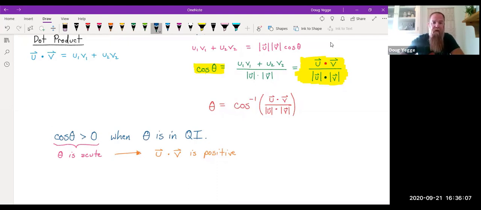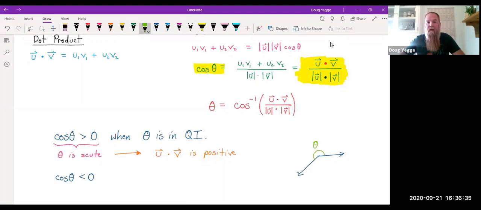We can also take a look at when cosine of theta is less than 0. Now, when we're talking about angles between vectors, they always have to be somewhere between 0 and 180. Because if I have something like this, two vectors, I would never say that this is the angle between them.